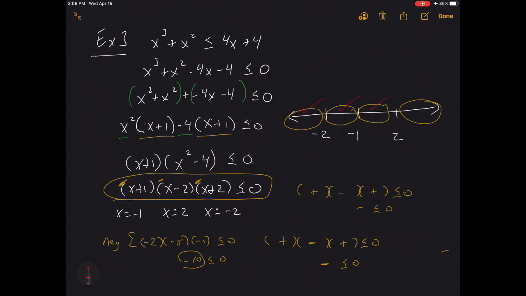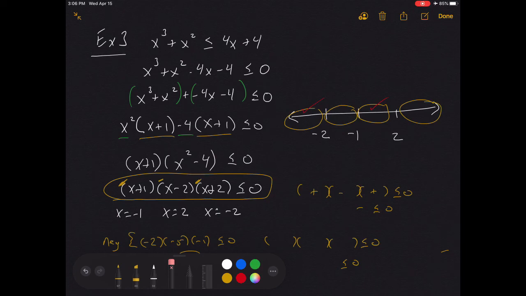It should have been -1.5. That was silly of me. All right, so I'm going to have to fix that, and I apologize. So this is not correct down here. Let's go ahead and erase these. I apologize for that. If we go back and look at this again, it should be -1.5, not -0.5.